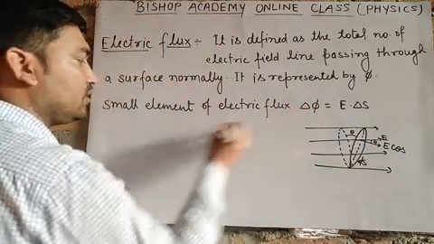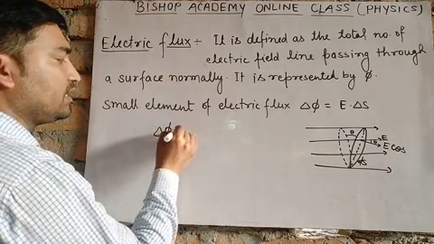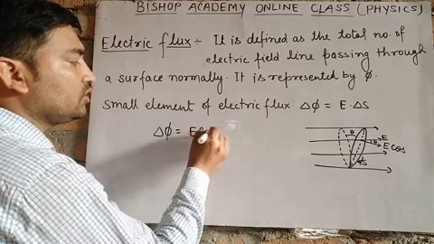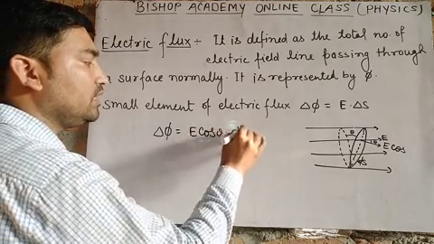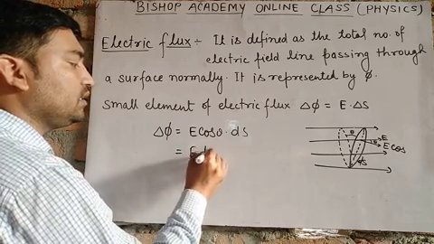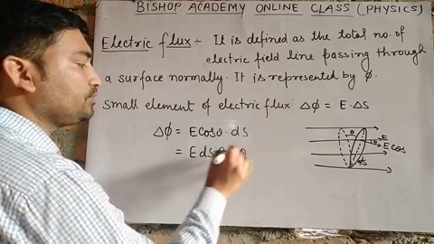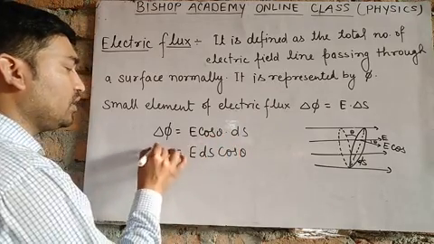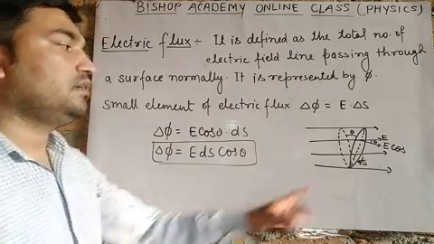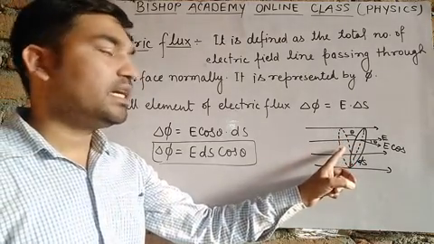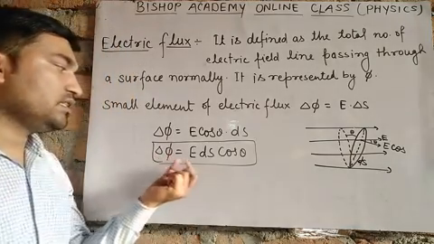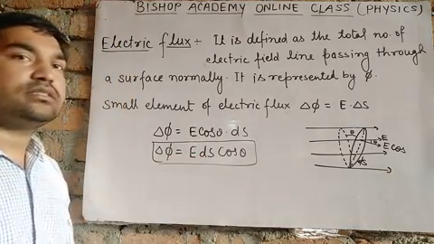Then this small amount of electric flux will change into E cos theta into dS. It is written as E dS cos theta. This is the formula for electric flux when a surface is inclined by angle theta to the normal of the electric field.